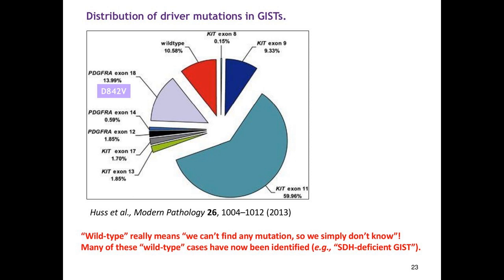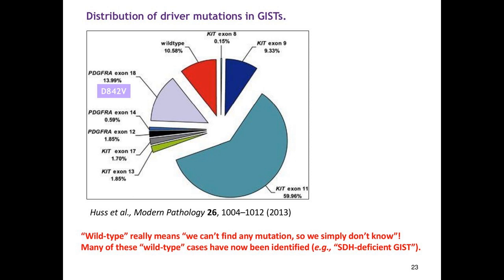Those genes were sequenced and they were wild-type. So we call that a wild-type GIST. It's a little bit misleading. Most of these cases probably do have mutations, but they're mutations in genes other than KIT and PDGFRA, in many cases mutations that we have not yet identified.